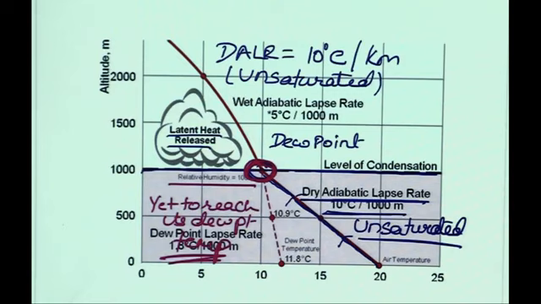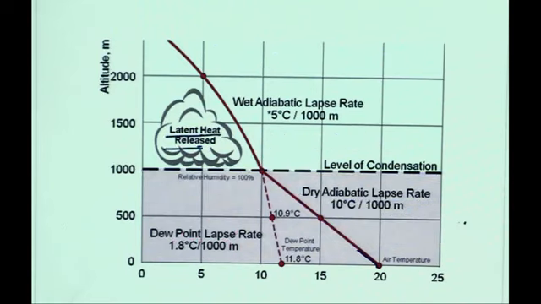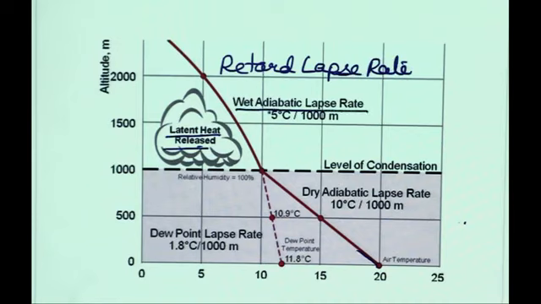Once saturated, there is release of latent heat. Released latent heat tends to retard the lapse rate. That is the reason the wet adiabatic lapse rate is just 5 degrees Celsius per 1000 meters.